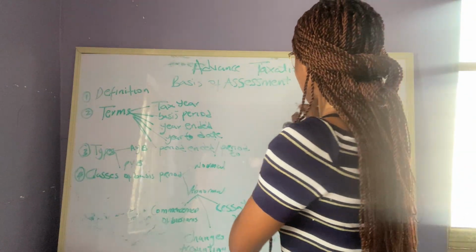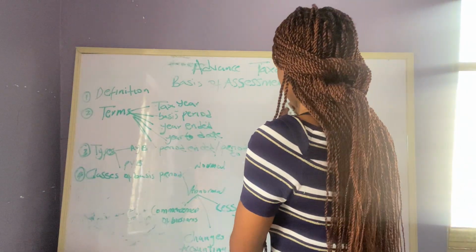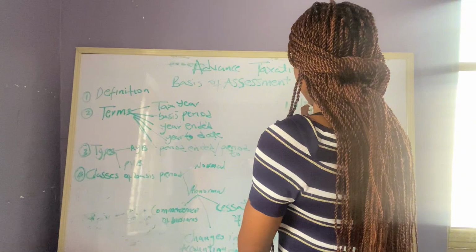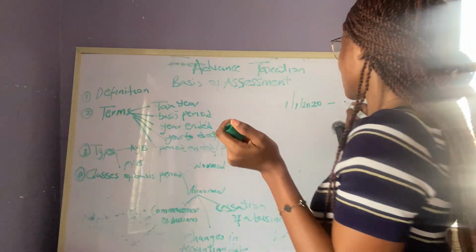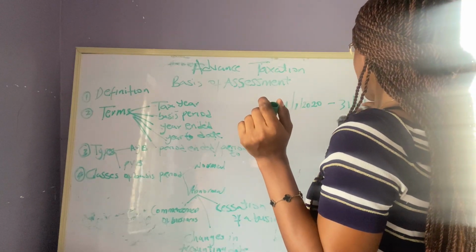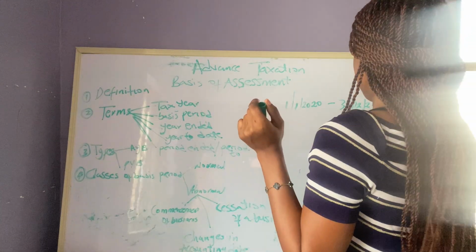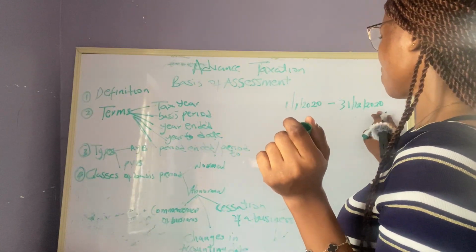let's say a company starts operation on January 1st, 2020, and the accounting year end is 31st of December every year, which means 2020 is exactly 12 months, right?